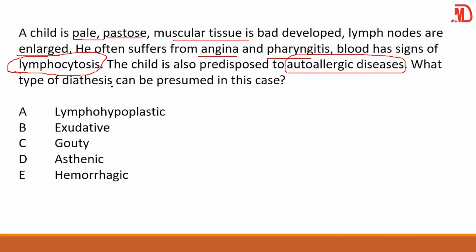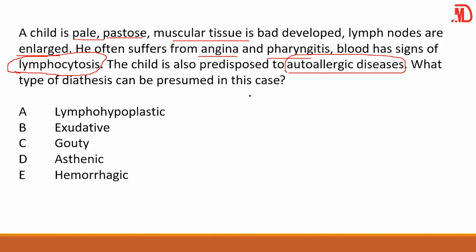What type of diathesis can be presumed in this case? Now, I've already said a diathesis is a hereditary or a constitutional predisposition to a disease. So you being at risk to a disease as a result of heredity is determined as diathesis.